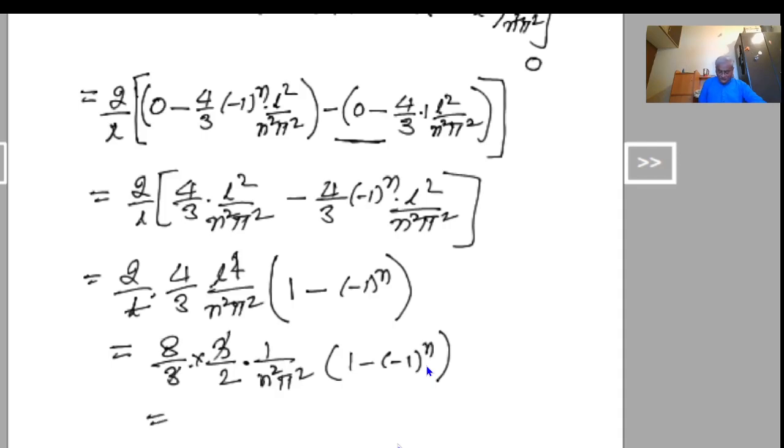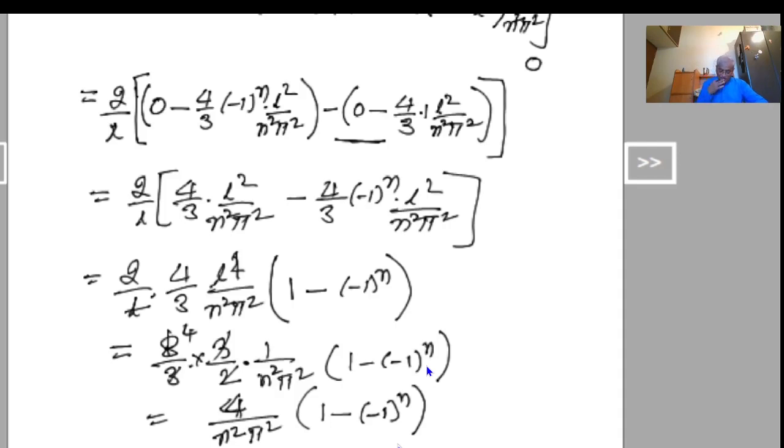The 3 gets cancelled, and 2 into 4 by 2 gives 4. This is equal to 4 by n square pi square into 1 minus minus 1 to the power of n. So this is our an.